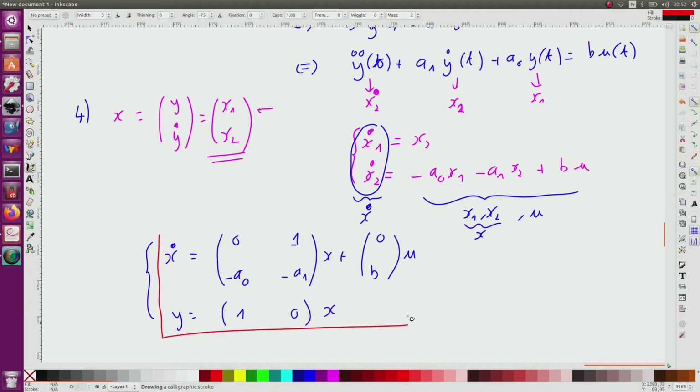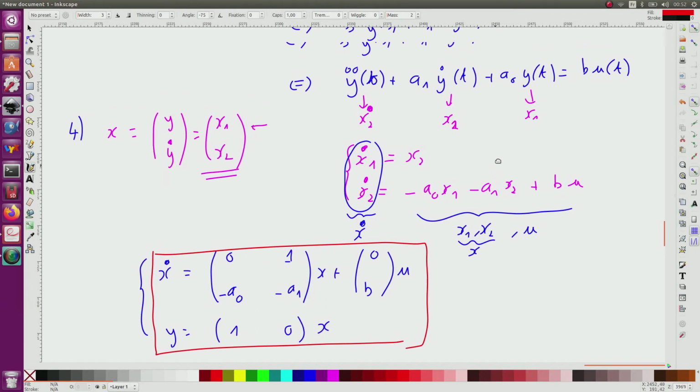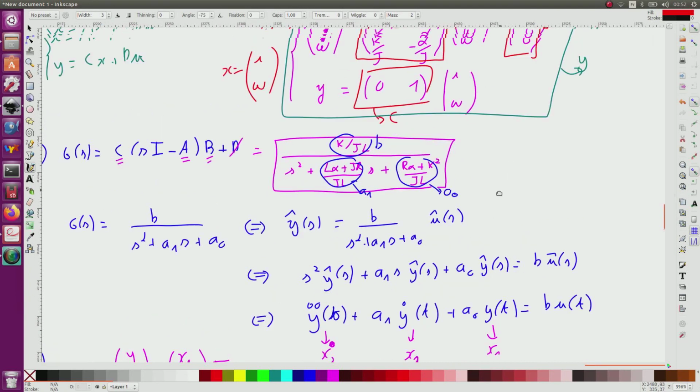So this is the state space relation, which is also linear, and it is not exactly the same as the previous one.